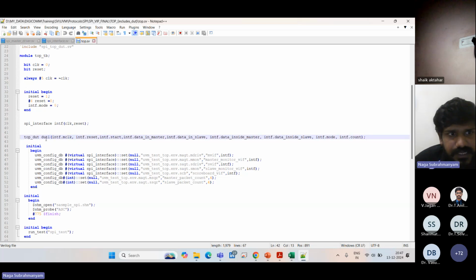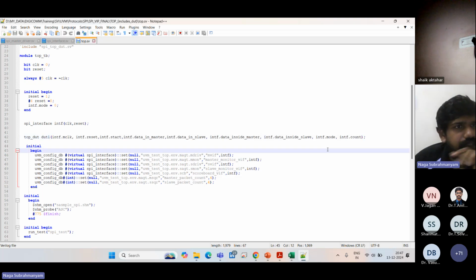This DUT1 is the design. Here my interface is there, and I connect my interface to the design signals. Now I will generate the data and put it in the interface. This interface will give it to the DUT based on this connection. We can use the dot convention or we can connect like this also. Now I hope you got the point, how those are connected to each other.